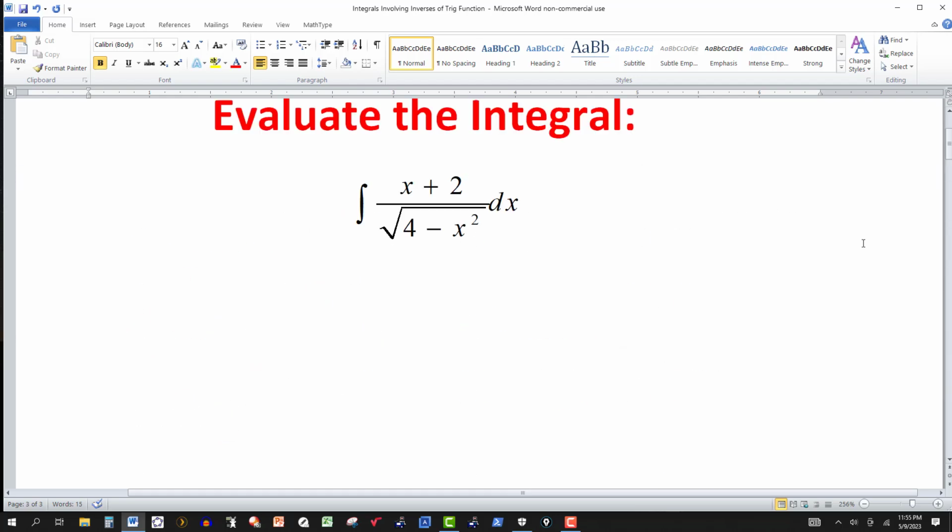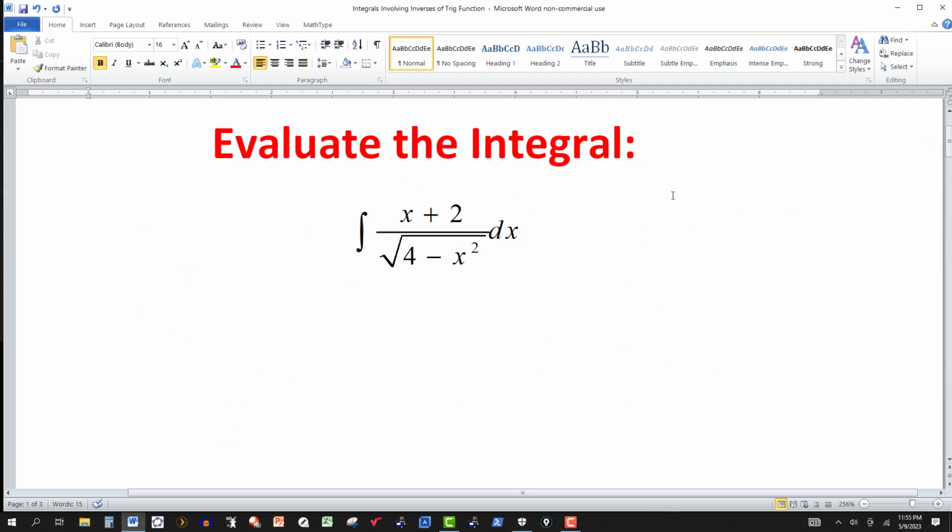So let's go to the original problem here. Like I mentioned before, anytime you're working an integral problem, there are different techniques for integrating. Sometimes you want to simplify the integrand if you can, reduce it. Sometimes you'll have to use long division, especially if you have a rational integrand. In this case, another technique that you will use a lot is breaking the integral into two integrals.